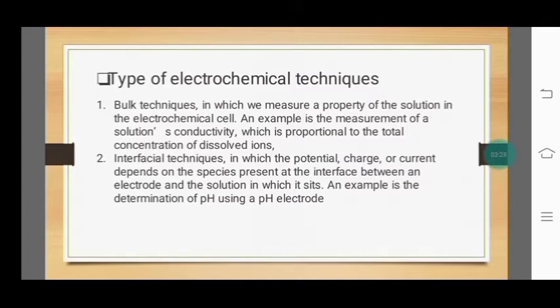An example is the measurement of a solution's conductivity, which is proportional to the total concentration of dissolved ions. In interfacial techniques, the potential, charge, or current depends on the species present at the interface between an electrode and the solution in which it is set. An example is the determination of pH using a pH electrode.